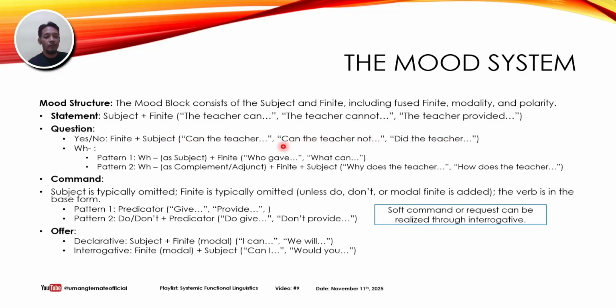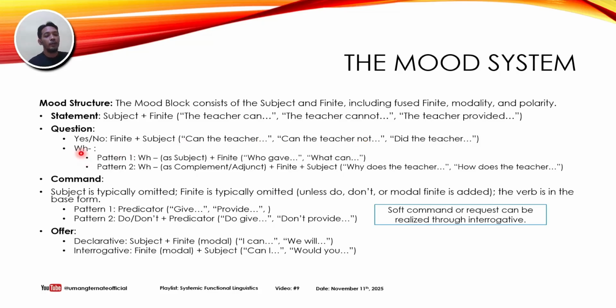Especially with this, like can the teacher not provide students with blah blah blah, for example. This is how modern English puts the negator not when the clause is a yes/no question clause.